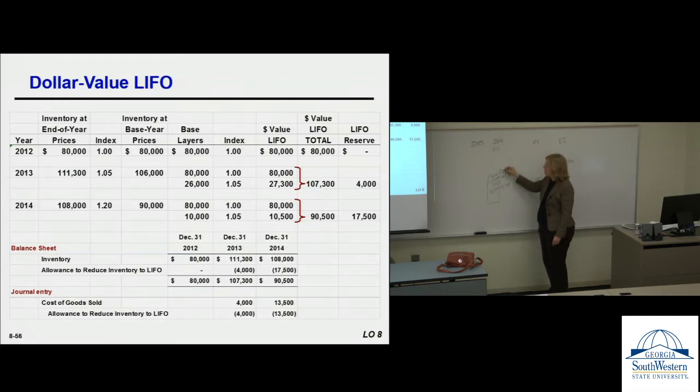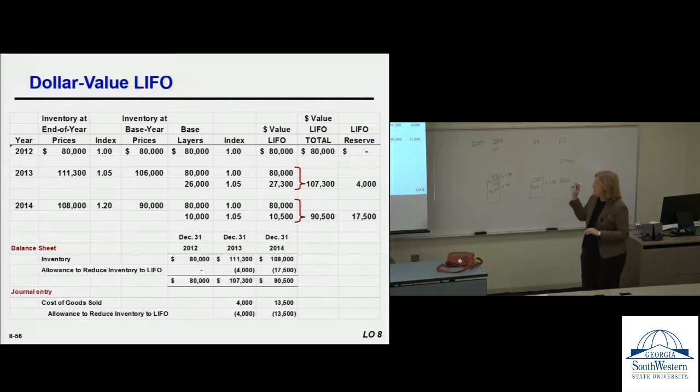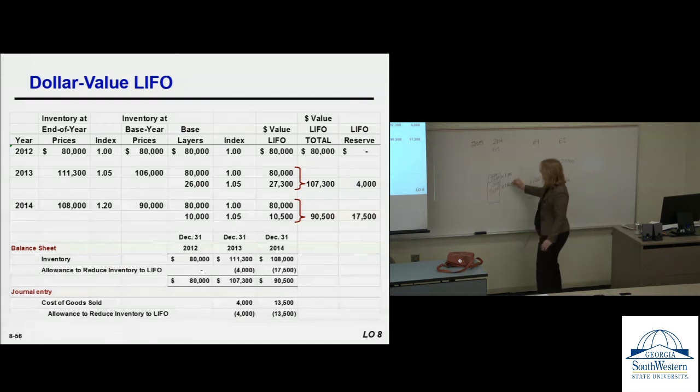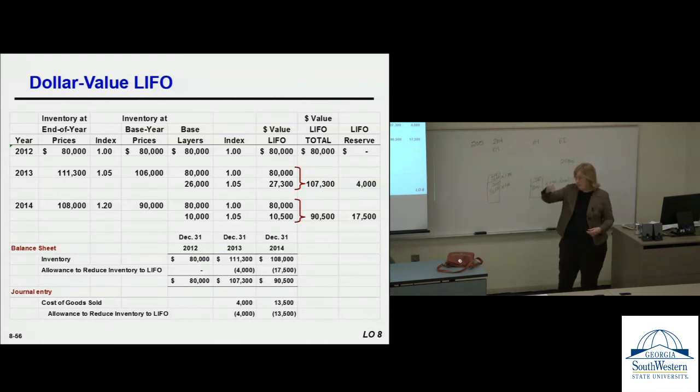And whatever happens from there, we either add to these two layers or eat into them. We just forget about the 1.02 in 2015, it doesn't matter at all because that's not a layer. We only have these two layers, 2012 and 2013, at the beginning of 2015.